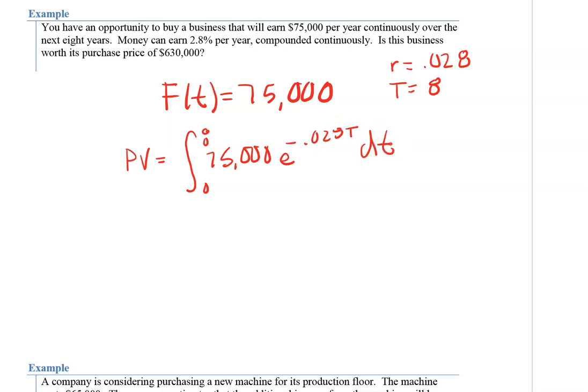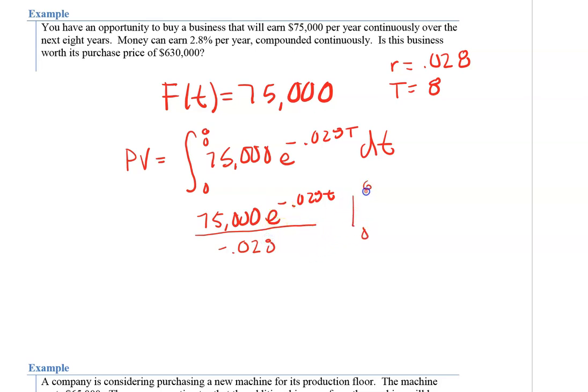And so we just need to integrate this and then find our values. The integration of this would be 75,000 e to the negative 0.028 t. So 75,000 just stays where it is. The integral of e is just e, divided by what the derivative of that would be, which would be negative 0.028 using our u substitution.